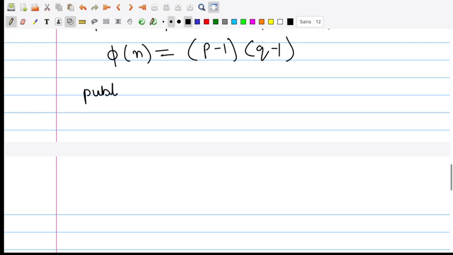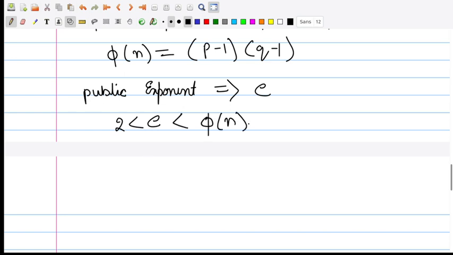The public exponent is represented by e, and there are certain conditions on e. E should be greater than 2 and it should be less than phi of n.